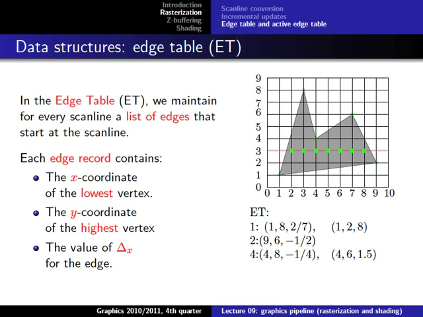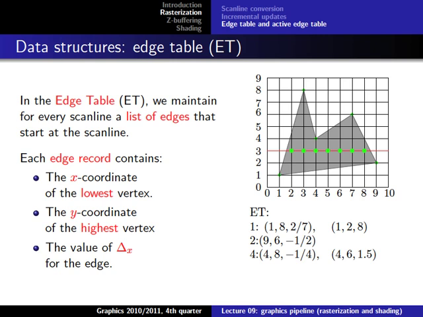The question is now how we implement this efficiently. And the trick is to just use two tables. One table is used to represent the polygon, and the other table is used to do the calculation, to do the processing. The table to represent the polygon is called the edge table.